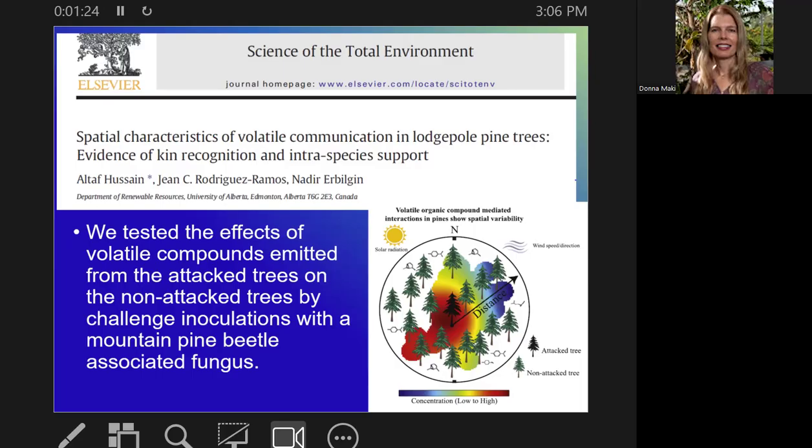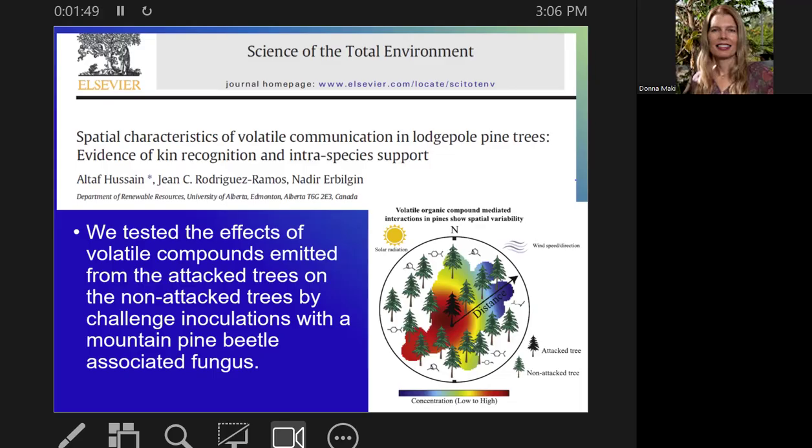Can we see if that does anything to neighboring trees? They did an actual controlled study. Unfortunately, they had to infect a tree for this, and as a proxy they used the fungus, not the actual beetle, which I'm grateful for.